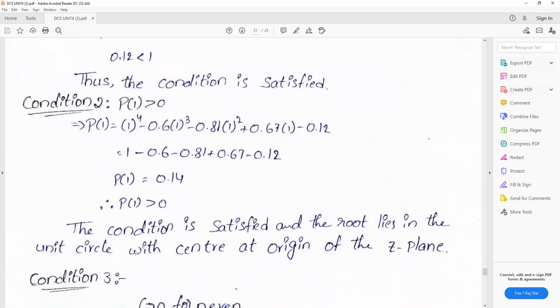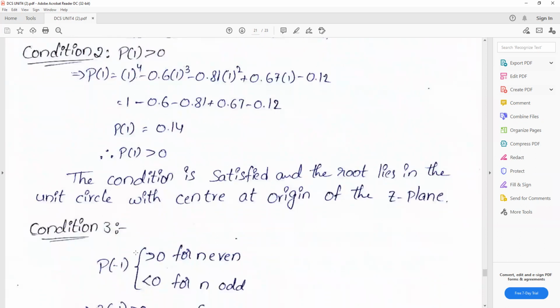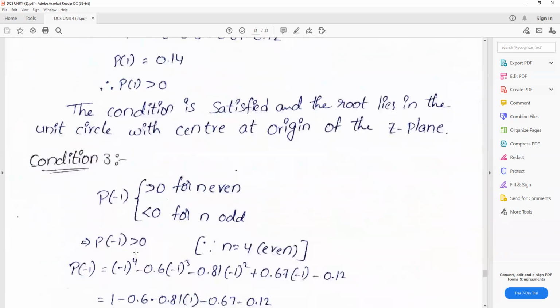Next, the second condition: P of 1 is greater than 0. So in P of z, substitute z as 1. So P of 1 is 0.14, which is greater than 0. The second condition is also satisfied.